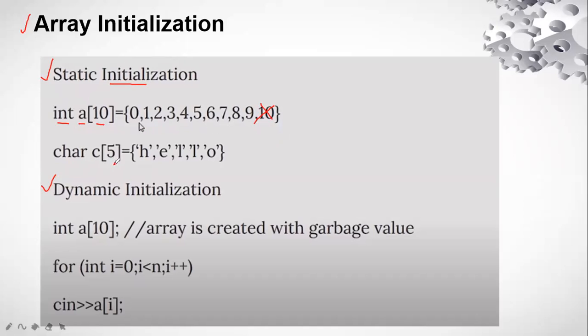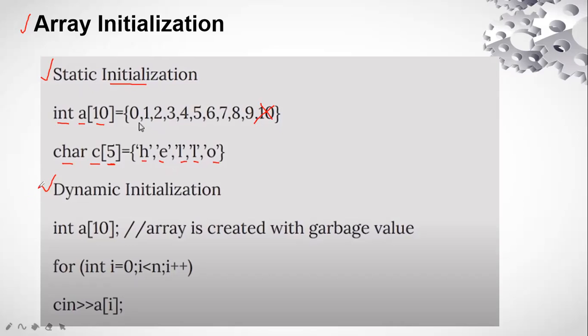Similarly, char C[5]: char is the data type, C is the name of the array and 5 is its size. Because this is char, I have to define the values in quotes: H, E, L, L, O. This is the static initialization, where the data values cannot be changed.